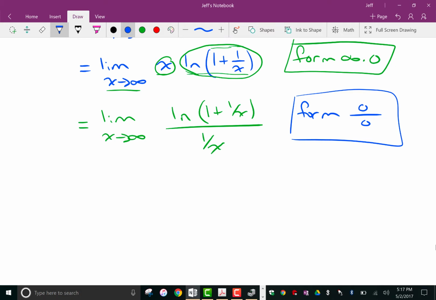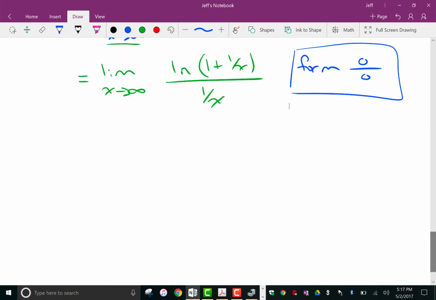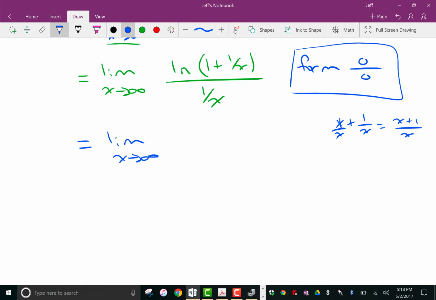So that's what we'll do in the next step. Take the derivative of the top and the derivative of the bottom. And actually, I am going to do one more step of algebra here, just because I know that the derivative is going to be easier if I take advantage of the fact that 1 plus 1 over x, well, 1 is x divided by x, so this would be x plus 1 divided by x.